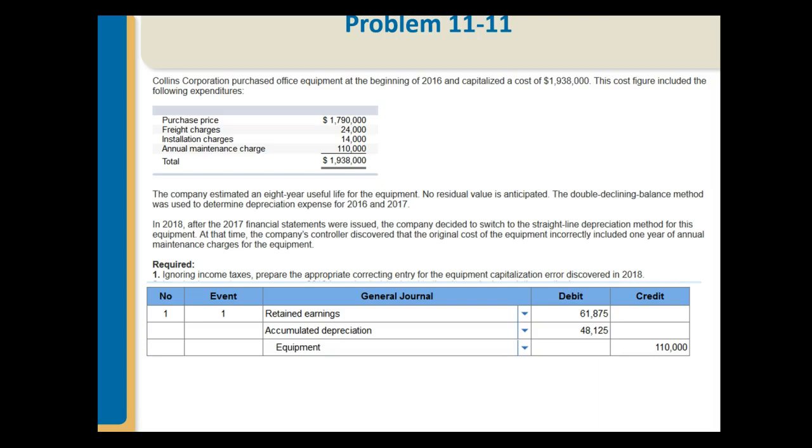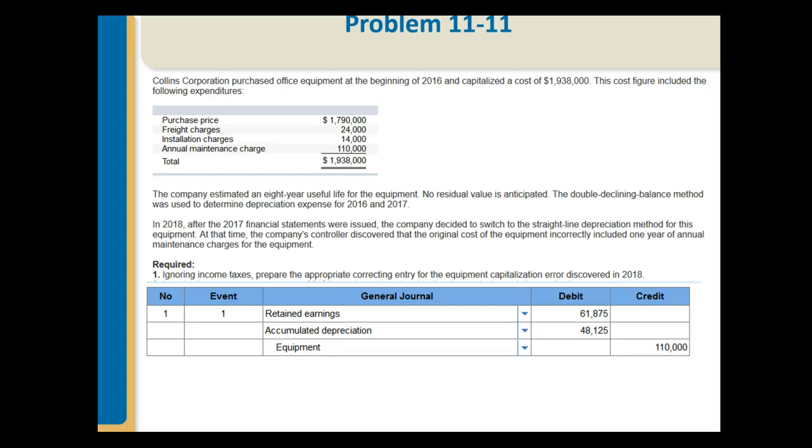And at that time, the company's controller discovered that the original cost of the equipment incorrectly included 1 year of maintenance charges for the equipment. So as you see, ignoring income tax laws, prepare the appropriate correcting entry for the equipment capitalization error discovered in 2018. So we need to credit the equipment of $110,000.